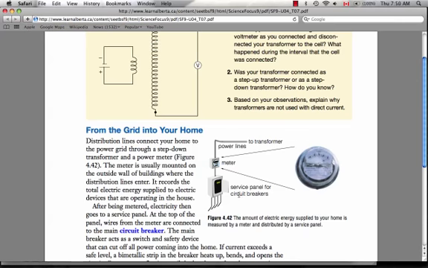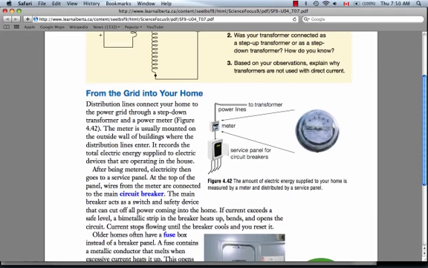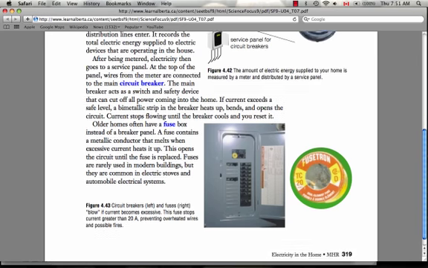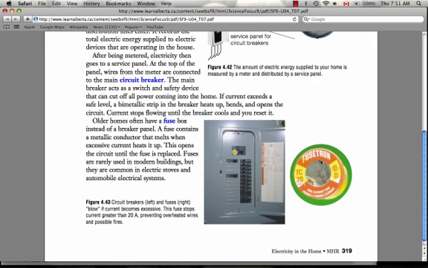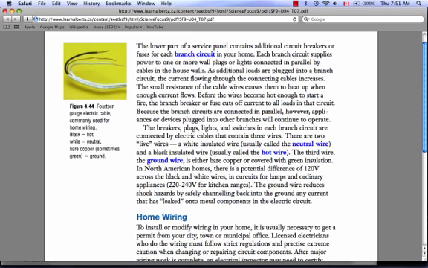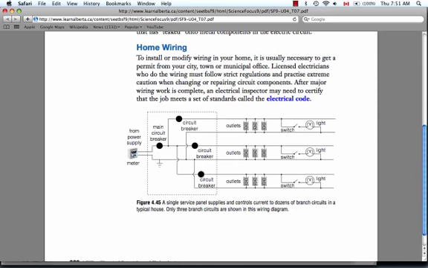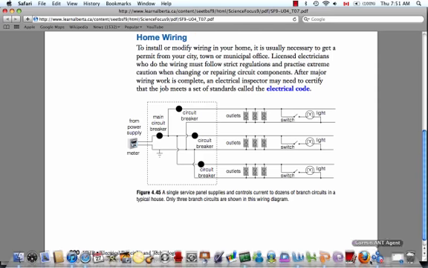Service panel for circuit breakers would be next. Here's what that looks like. And then once we get to the house, power supply, main circuit breaker, and then each line has its own, then outlets, and finally appliances. Okay, so let's go back.